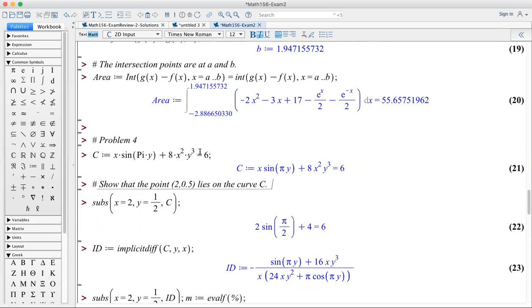Just substitute in these coordinates, these values for x and y, and you get a 6. So it does lie on the curve C.